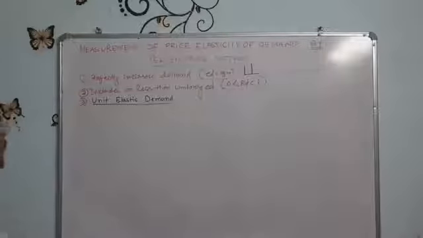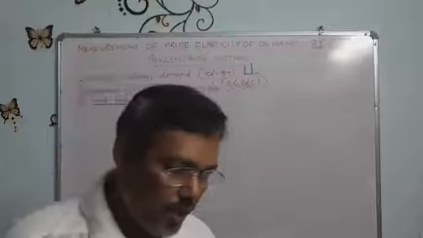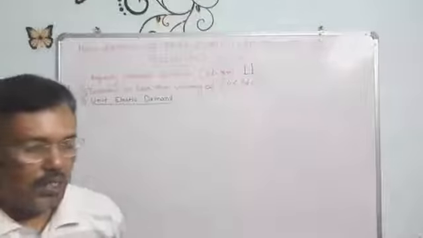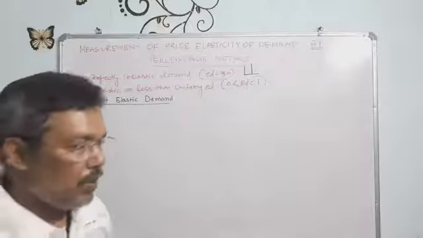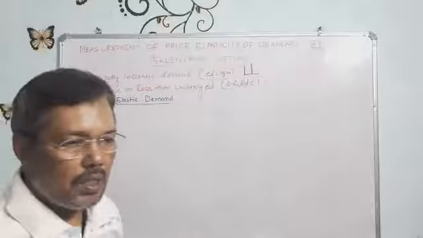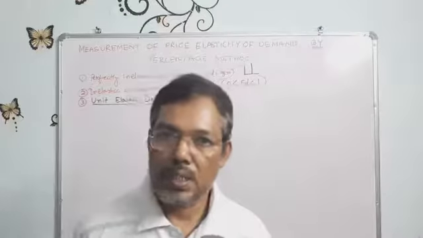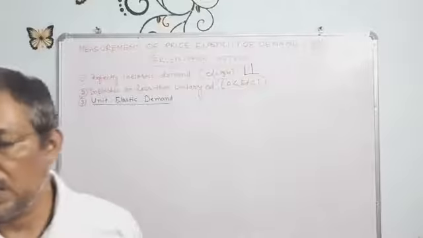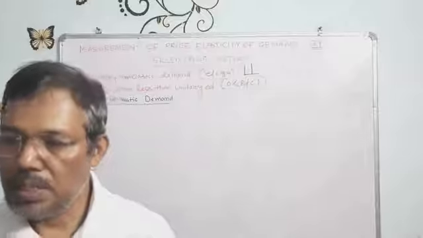And secondly, we have already discussed inelastic demand, which is called less than unitary elasticity of demand, or less than unit elasticity of demand. It means the percentage change in quantity demanded is less than the percentage change in price. Whatever the percentage of price change, the demand will change by a smaller percentage.